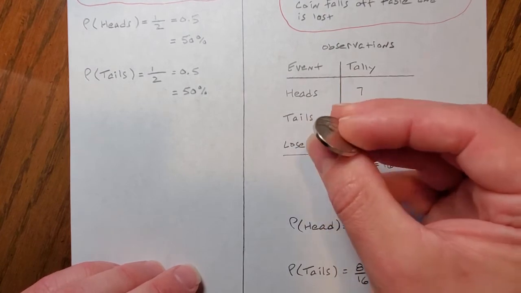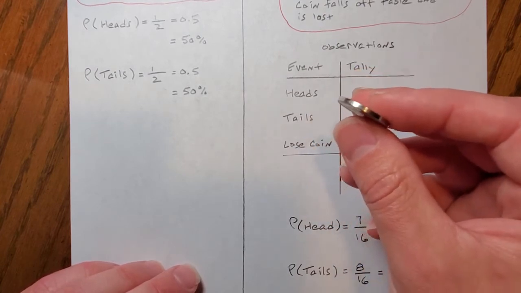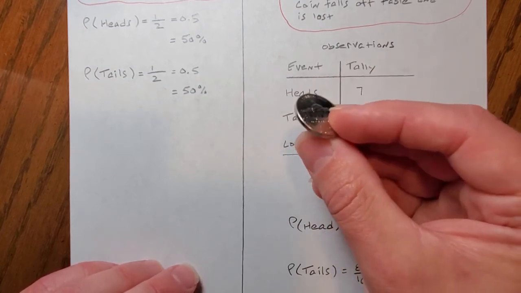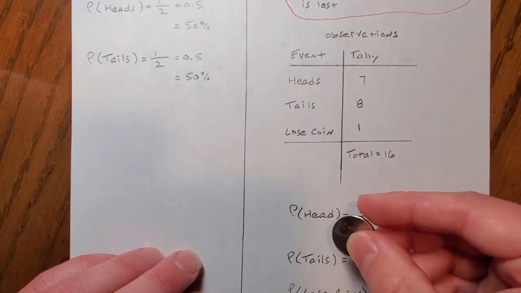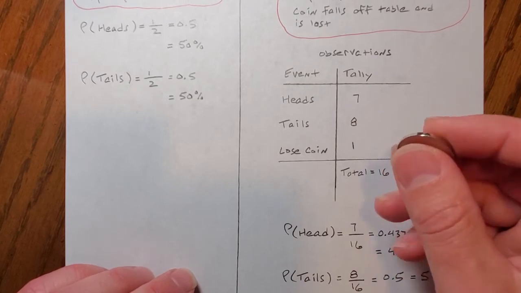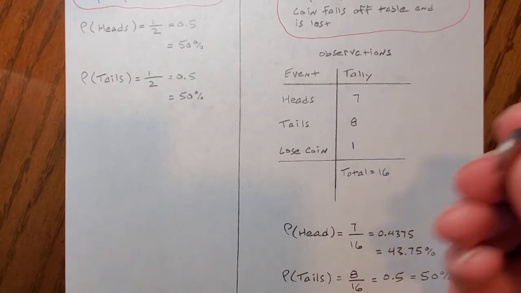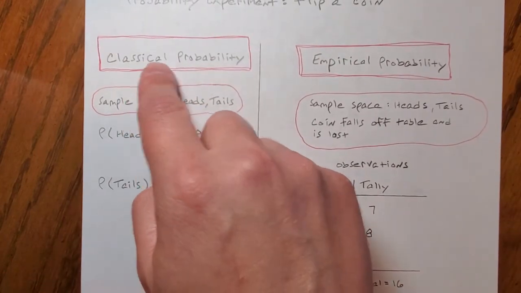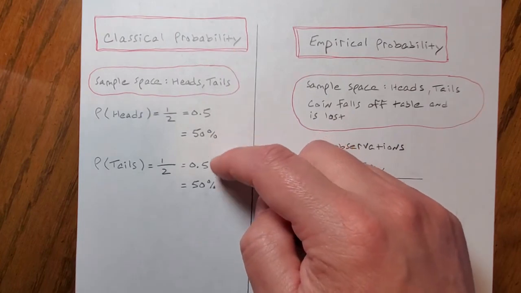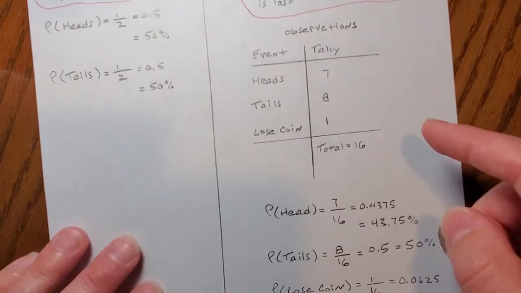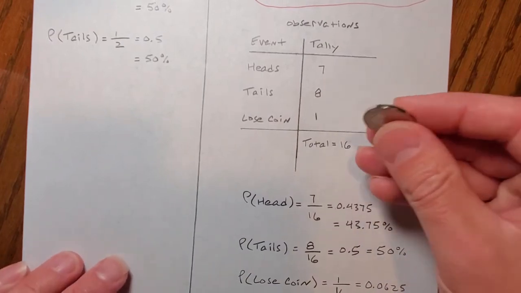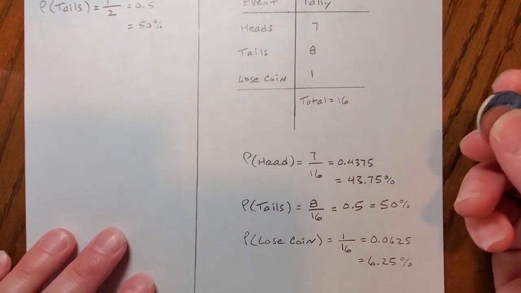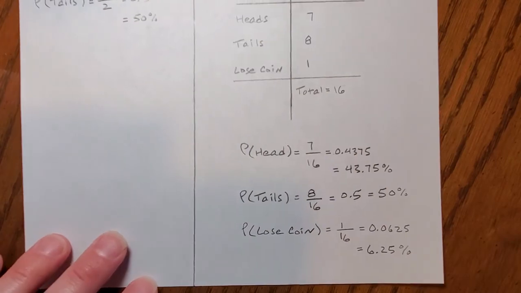I don't know how they do this, but I'm pretty sure you could get coins that are biased towards heads or tails. I'm not sure if they're weighted or what, but it might be that when I'm just thinking about it, I think that there's an even chance of heads and tails. But when I actually flip it, maybe the tails shows up more often, or maybe the heads does. Maybe there's something weird about the coin. So they don't have to match.